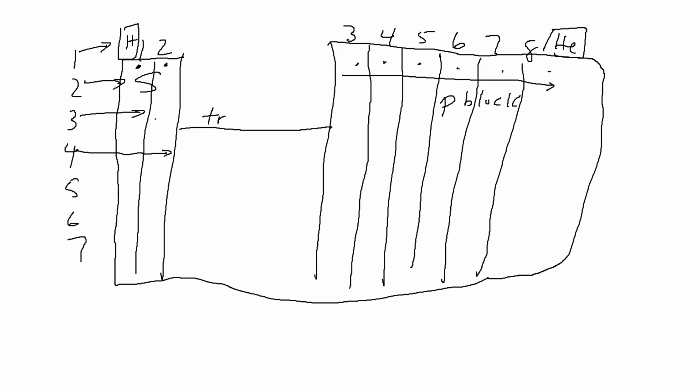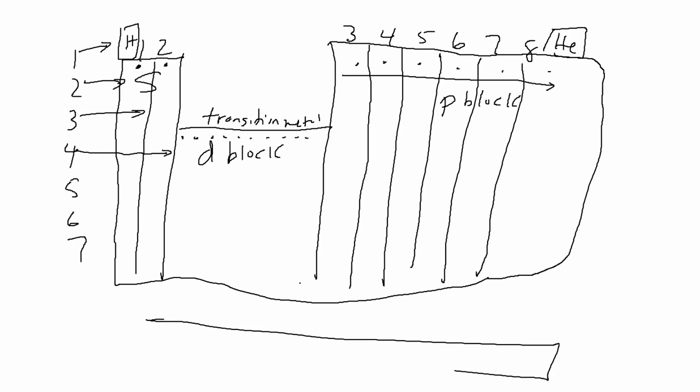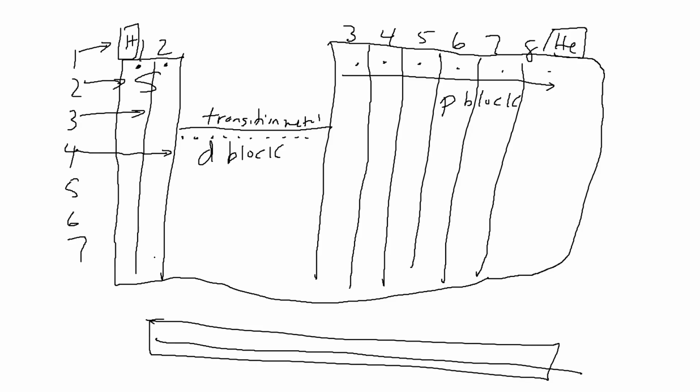The transition metal region here is your d block, and they can hold 10. If you count the boxes across the transition metals, you'll have 10 boxes. And the 2 rows on the bottom of the periodic table are your f block.